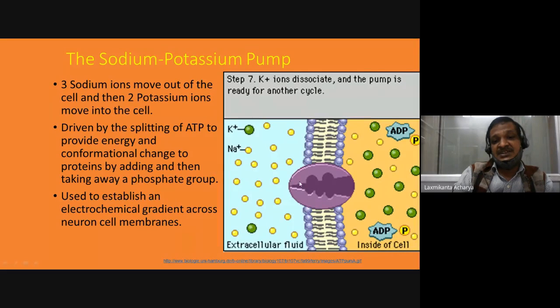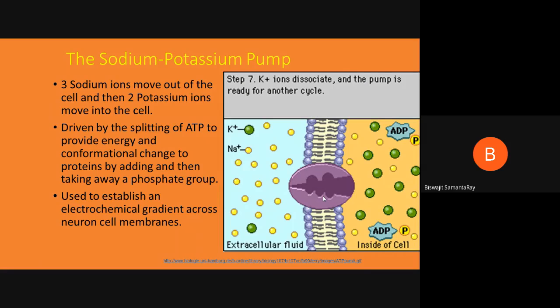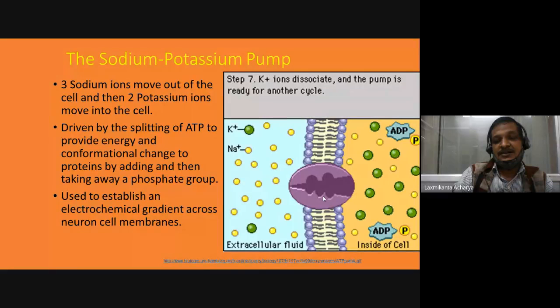this ATP is utilized. So what is the role of this ATP here? Can anybody tell? ATP opens the gate to move inside. Okay, so the amount of energy that is utilized is in changing the conformation of this protein, right? The gate is open this side, and now it will be open this side.